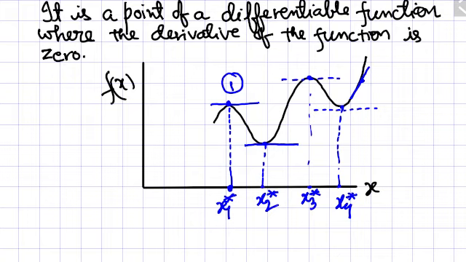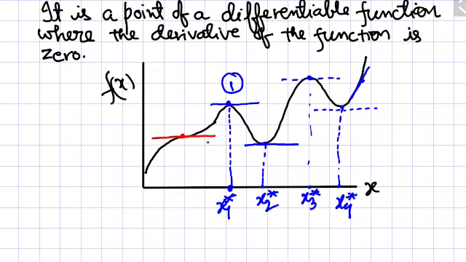Now I come to the next thing. Suppose your function is like this. If you draw a tangent on this part of the curve, it will be like this, and on this part of the curve you will see this.